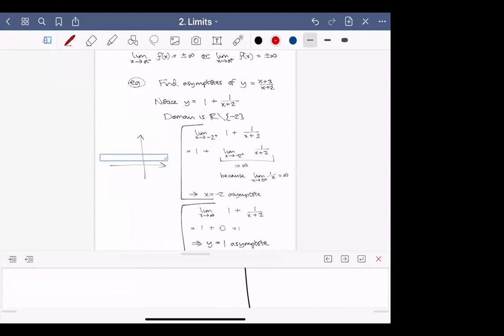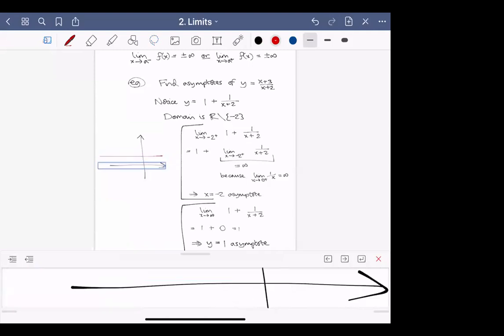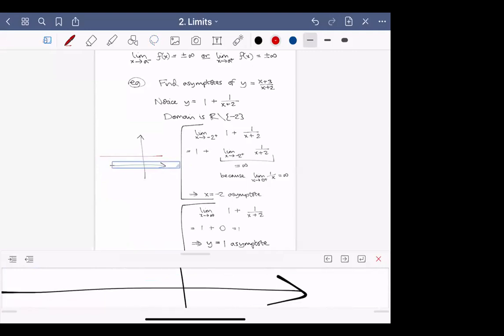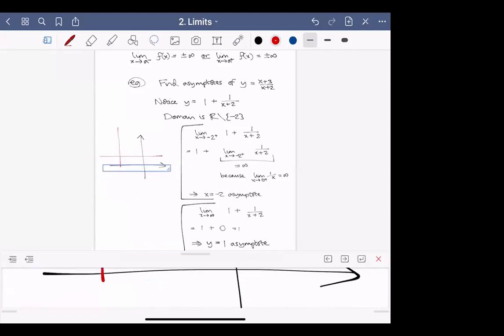So we have y equals 1, and we have x equals minus 2.